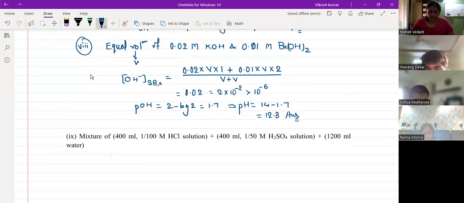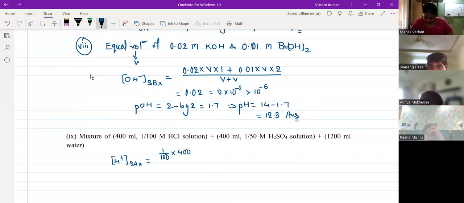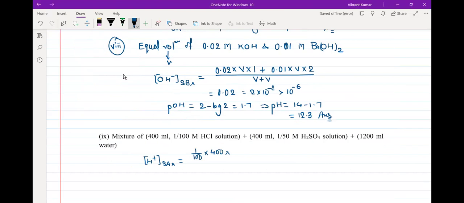What we will do now, if I have to calculate H plus from strong acids, again the same method. We'll take molarity into volume. If you are taking in mL, then in the denominator also you have to take mL. If you take liters, then in the denominator also you have to take liters. So if I am taking it in mL, then we are calculating millimoles, not moles, and that much into HCl will give you 1 H plus.